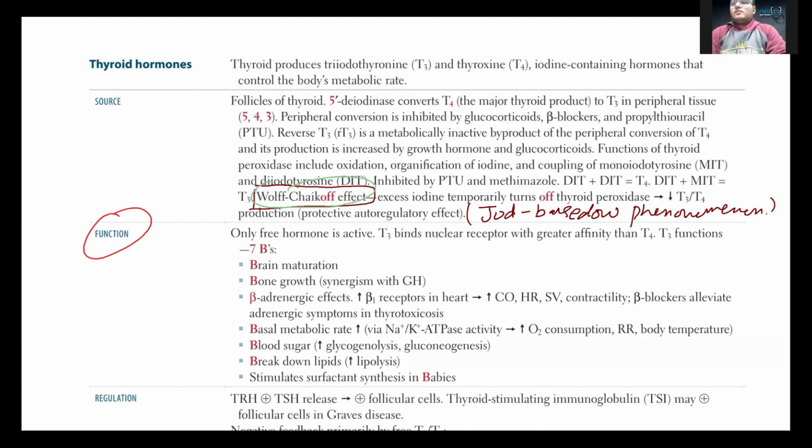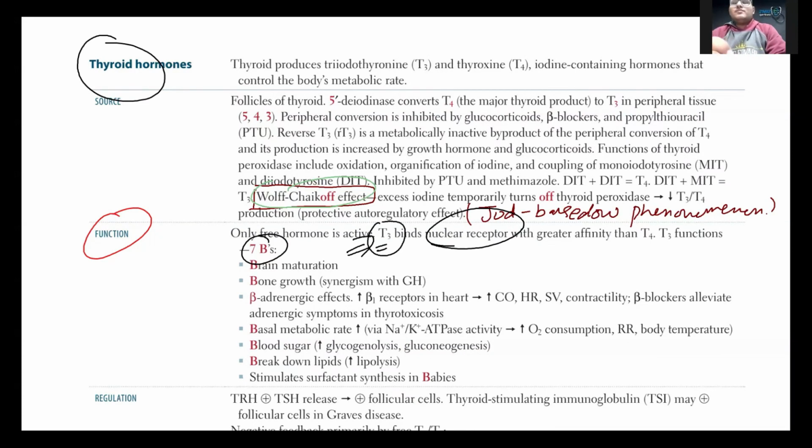Next, you should know the functions of thyroid hormone. First of all, what is the site of action of thyroid hormone? The site of action is the nuclear receptors. So T3 is very important. They will ask you which of the following is the active nuclear receptor activator, T4 or T3. So T3. Remember, the nuclear T3 receptor has greater affinity.